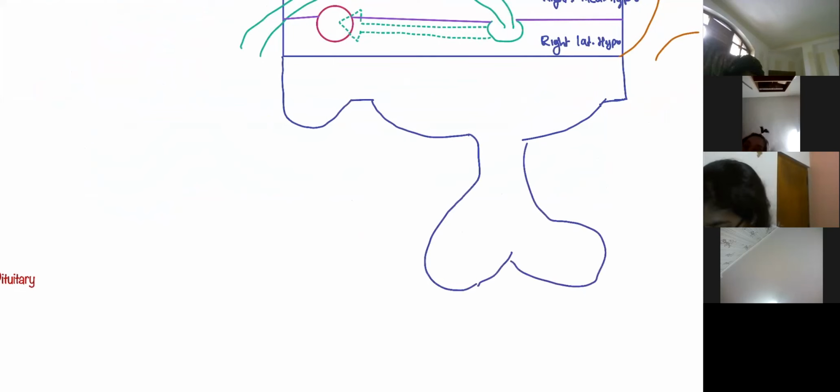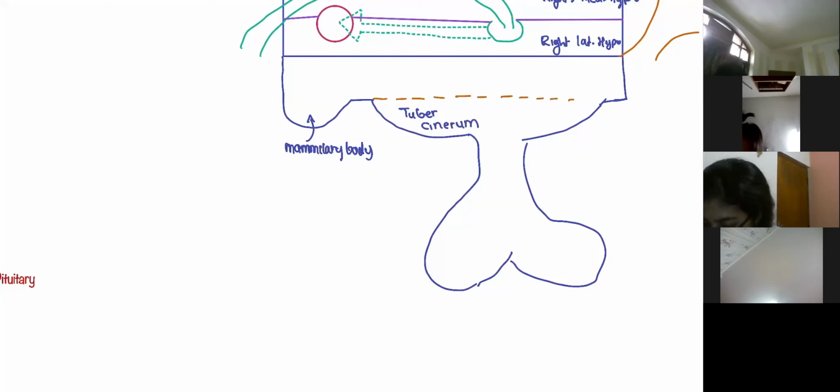So I will just label some parts. This is the mammillary body. This is called the tuber cinereum. Okay, the part in which the hypothalamus begins the pituitary gland.